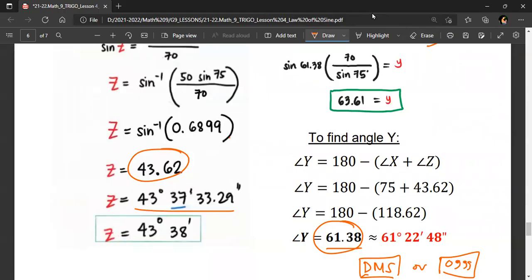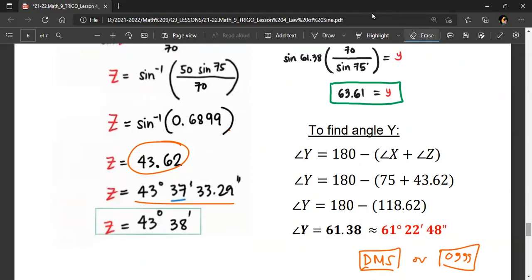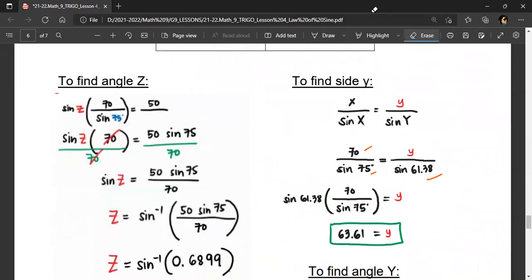As I said a while ago, you may choose between the two. They will give you the same answer. But my recommendation is for you to use the decimal format so that it will not be confusing in degrees mode. Therefore, I have decided that the decimal format will be used for the sine. Cross multiplying gives me that the sine 61.38 will be multiplied with this given ratio.